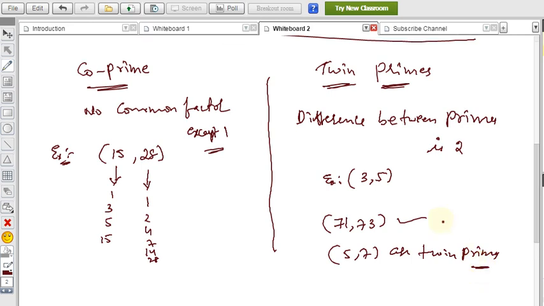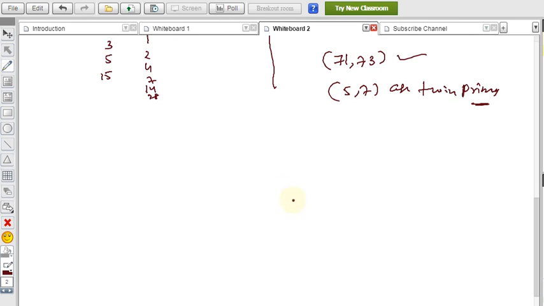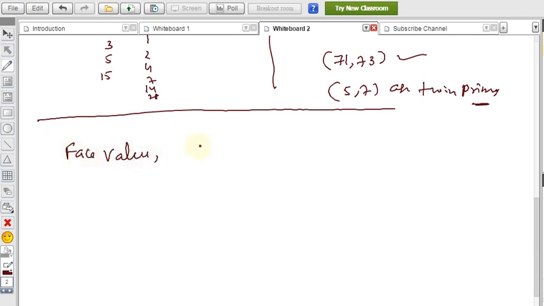Then regarding numbers, one more important thing is a simple question: face value and place value. In 3 lakhs 57,569, what is the face value of 7?